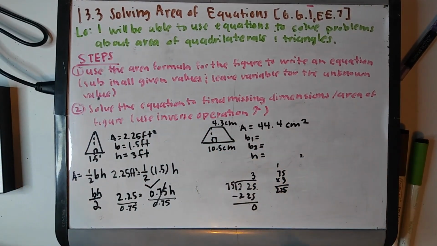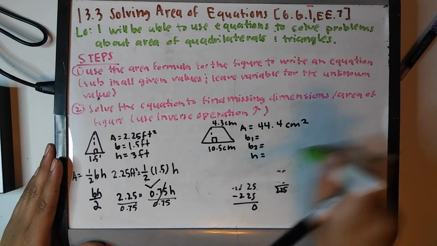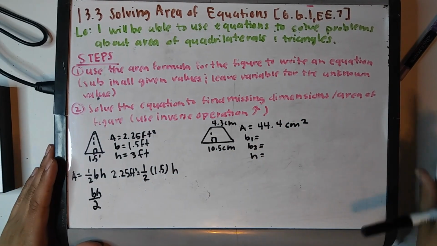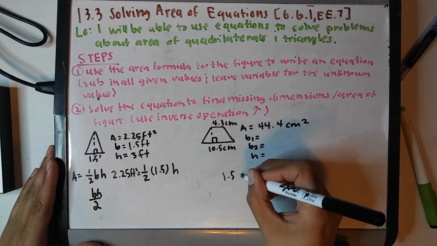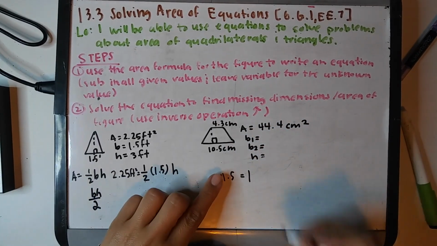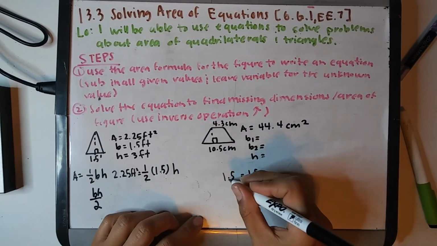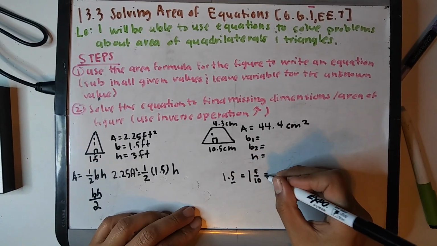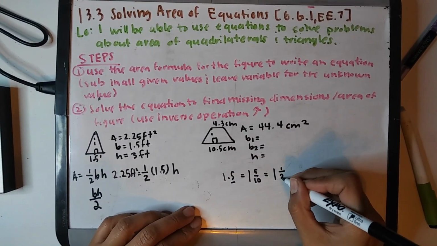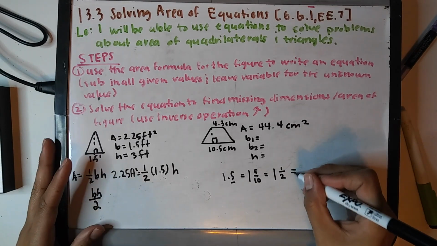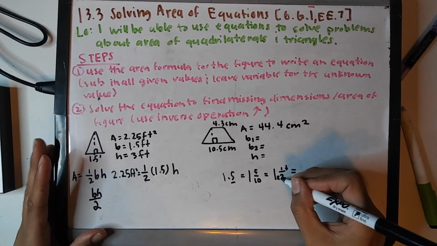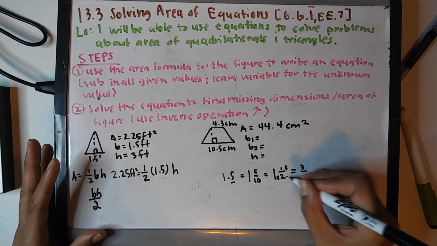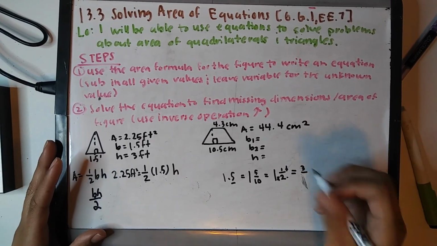Okay, let me do it the other way if you prefer fractions. So 1/2 in fraction form, I'm gonna take my whole number, right? And then I have 5/10 because it's a tenth place. And then I have to simplify. So that's 1 1/2. But then I have to change it into an improper fraction. So I multiply and add. So 1 times 2 is 2 plus 1 is 3 over, same denominator, 2.